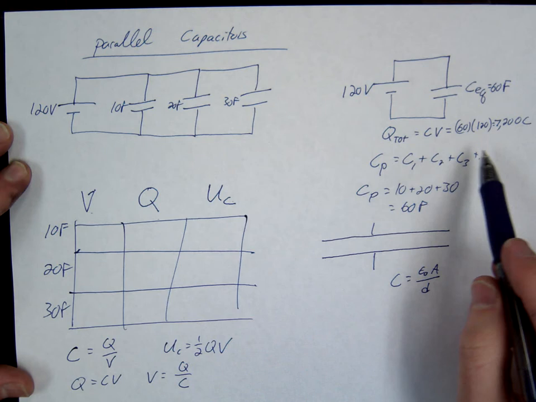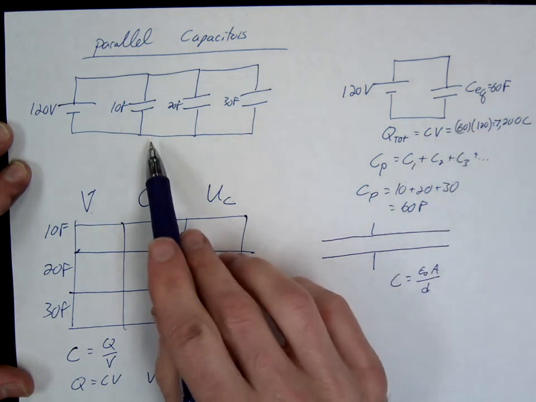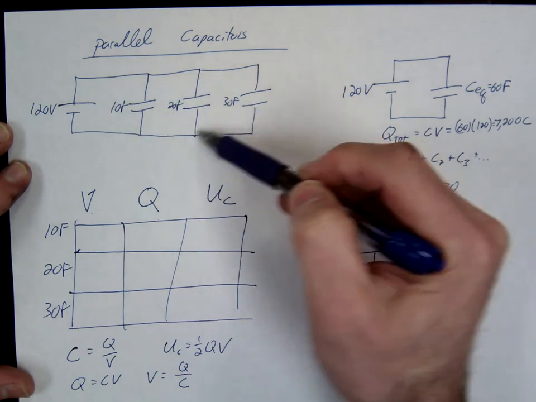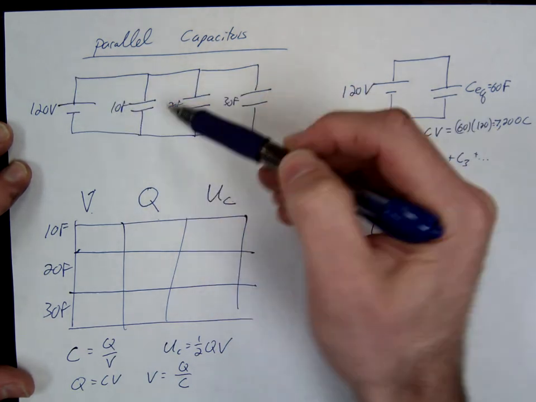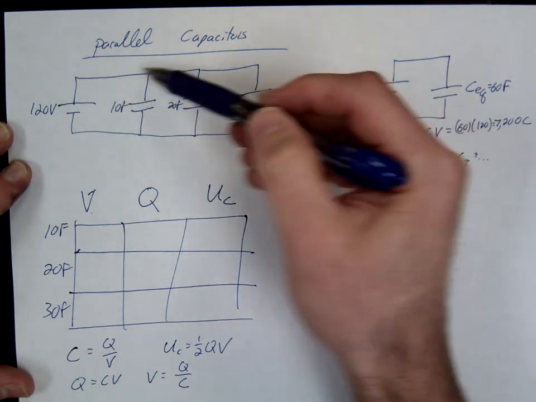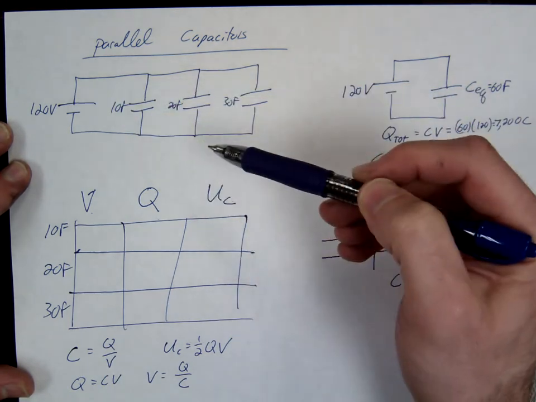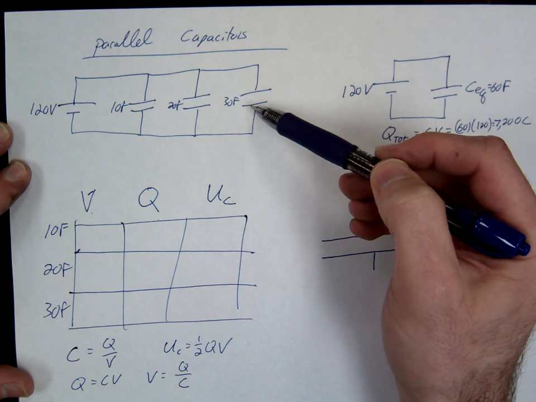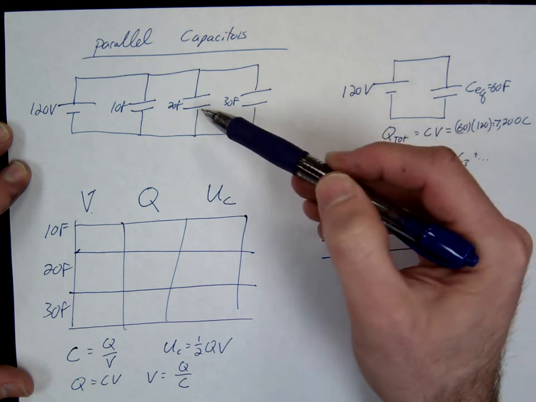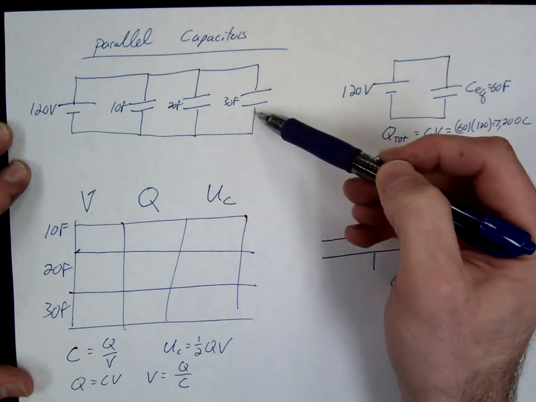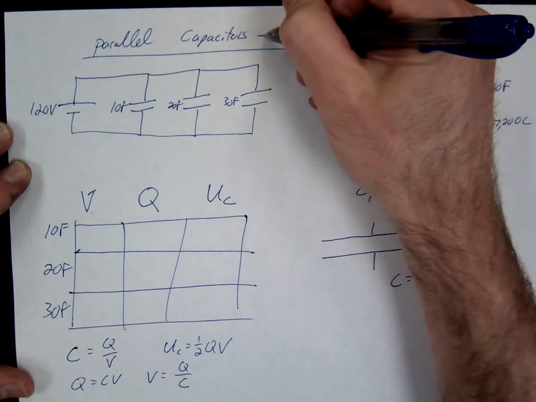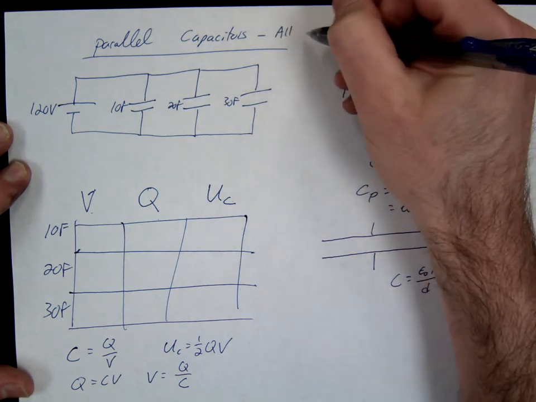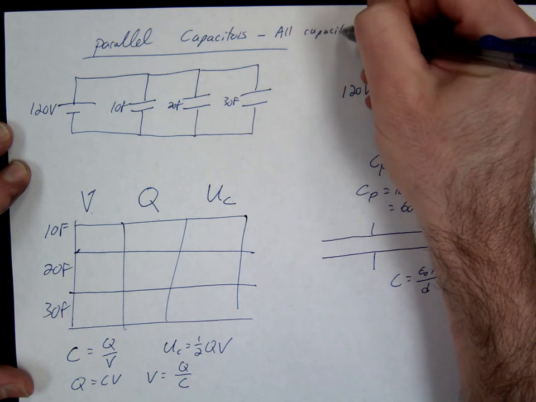Alright, then let's go back here. So just like with resistors, notice that each of these is directly connected to the battery, right? 10, 20, 30 are all directly connected, which means what can we say is true about the voltages? They're the same, yeah. So that's one of the key concepts, and this is identical to resistors: all capacitors have the same voltage.